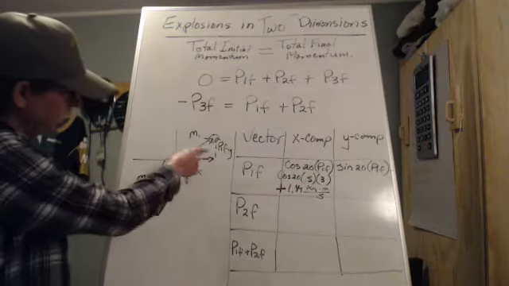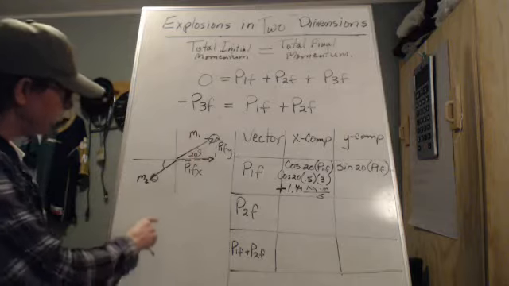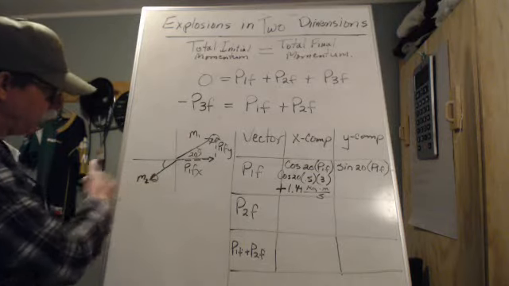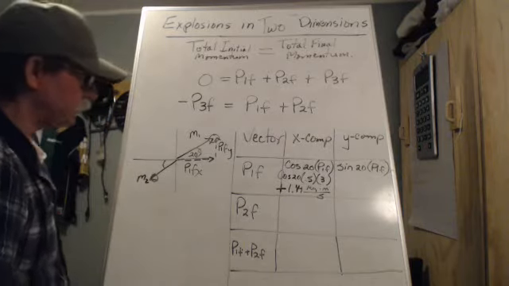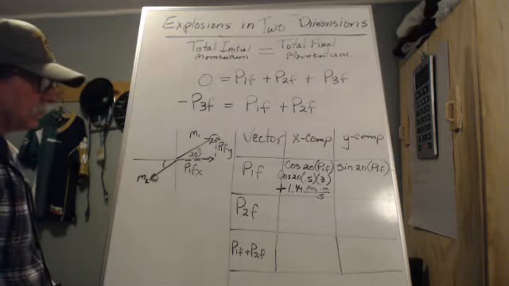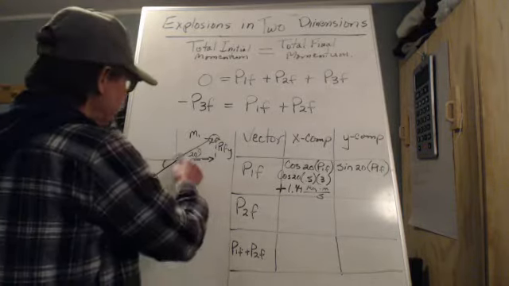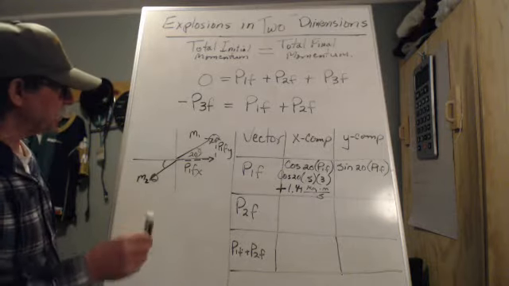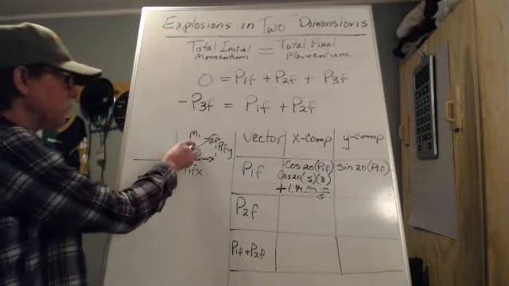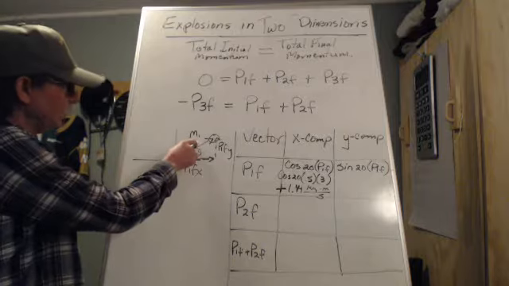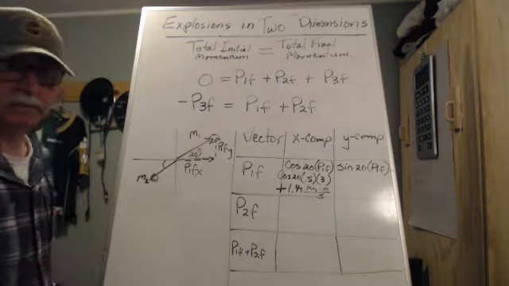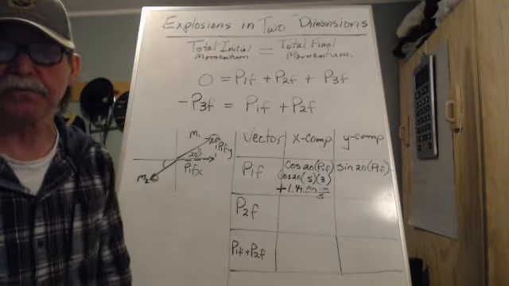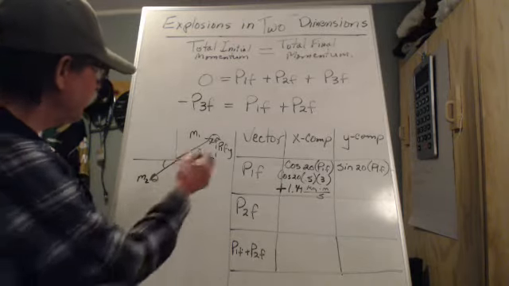If you need to draw yourself a big triangle somewhere off to the side for both of these, then by all means go and do that. What is the momentum of this one? Well, the momentum of this one is 1.5 kilogram meters per second. It's very easy.